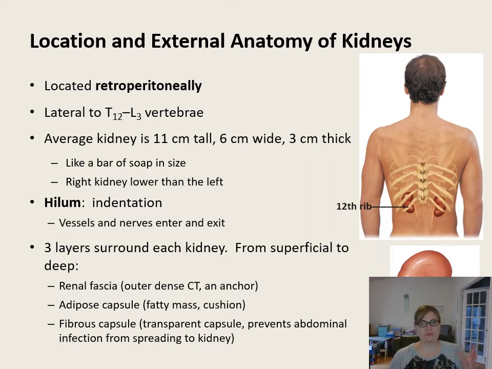So let me rewind and say that again. If there's an infection within the kidney or an infection in the cavity that the kidneys are in, the capsule keeps them separate. That's the best way I can think of it. When an organ is encapsulated, that's what that means. It's like there's an extra layer protecting it.